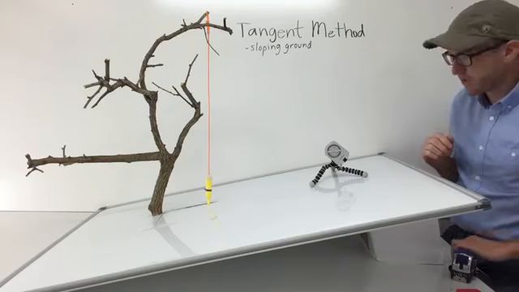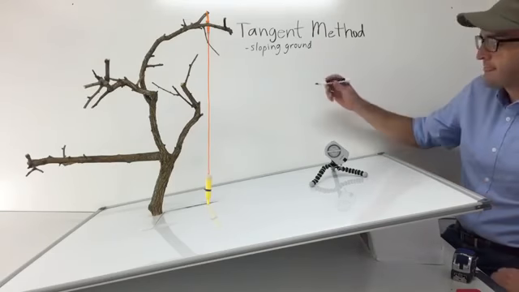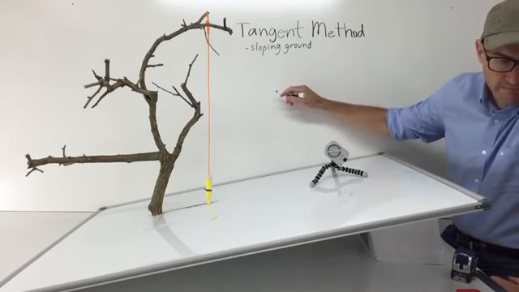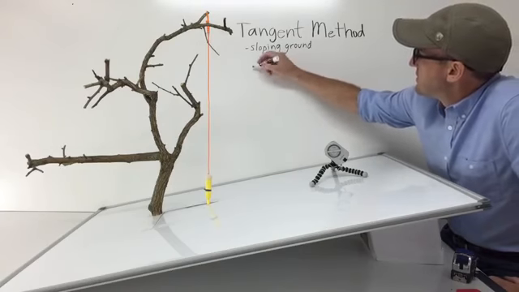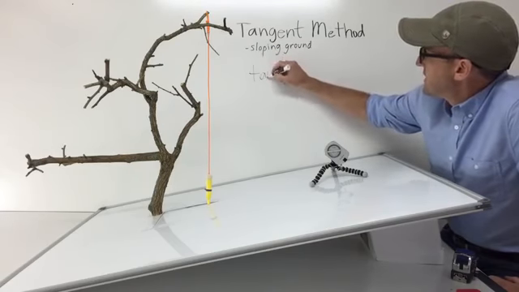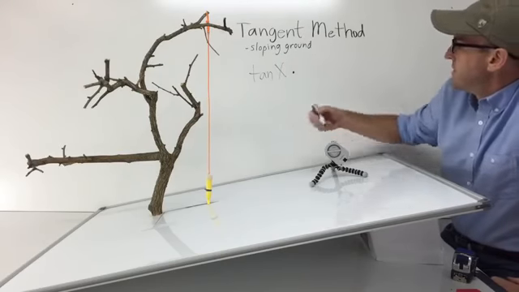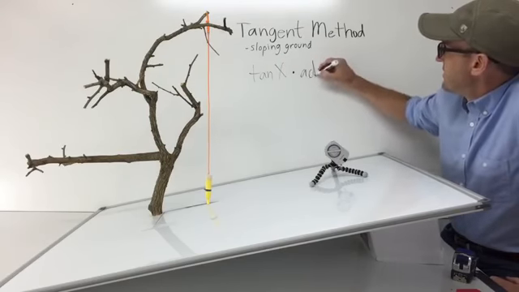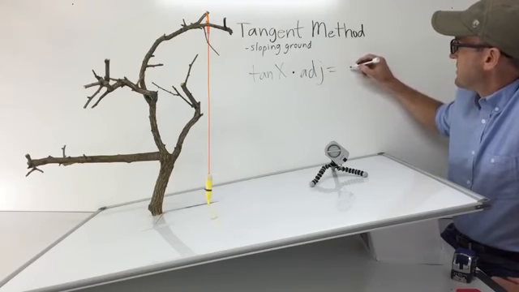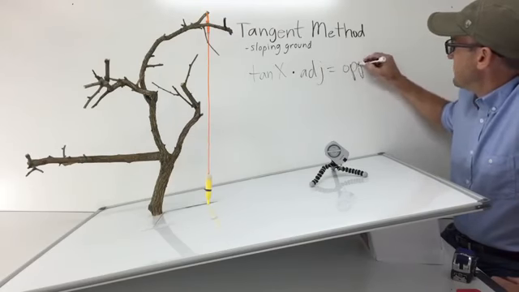And from here we can go ahead and do the tangent-based measurement. And we'll start with a formula. So we'll take the tangent of our angle, and we'll multiply by that adjacent side, and that is going to give us that opposite side.